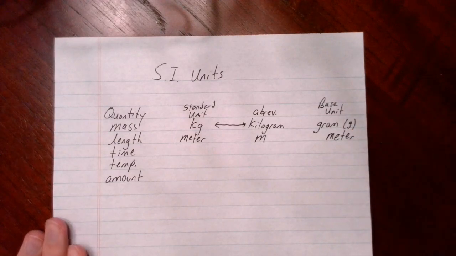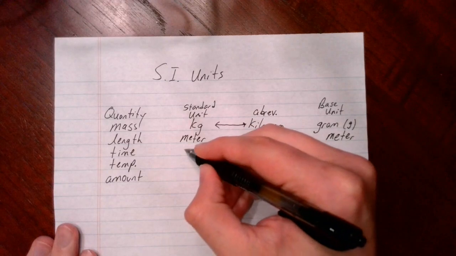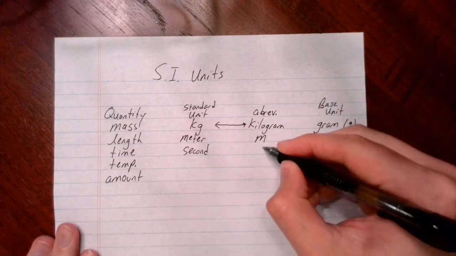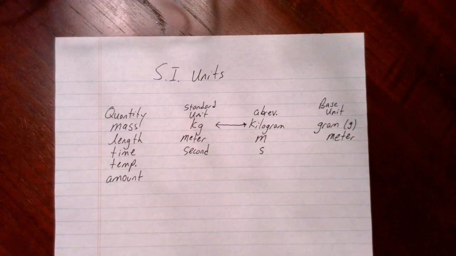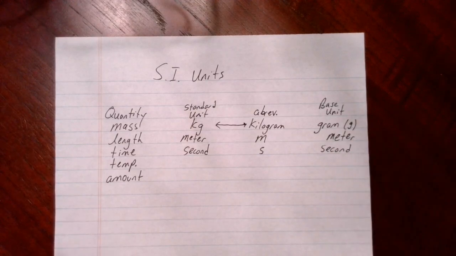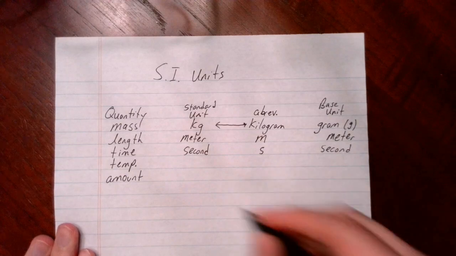For time, the standard unit is a second. The abbreviation is a lowercase s, which is important. A capital S stands for entropy that we'll discuss in the second semester, and the base unit is just a second. Temperature, the standard unit is a Kelvin.